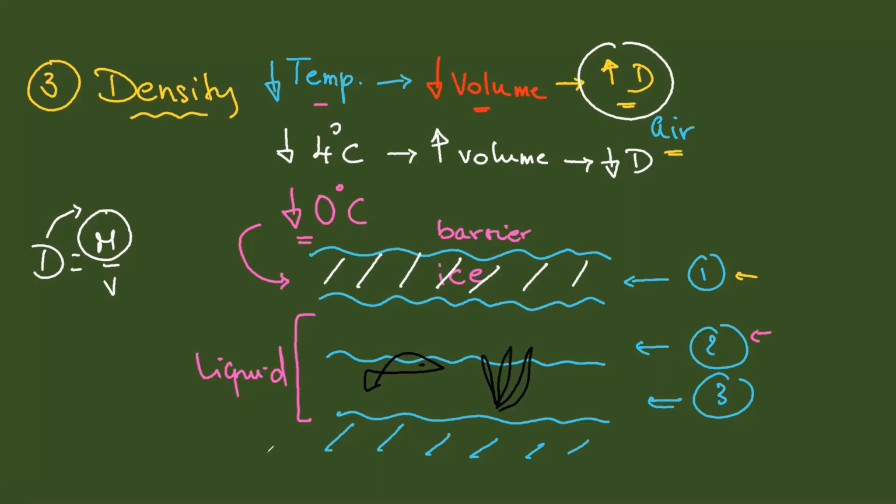They're found in the bottom of the lake. So if this layer changed into ice, these organisms are going to die. That's why the lower layers have to stay in the liquid form, to keep these living organisms alive, to prevent their death.